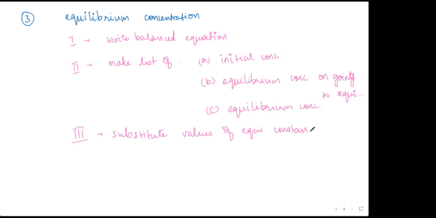You know Kc, you know the initial concentrations, you know how much of it is left. So based on that, you can figure out how much of it is used up. Once you have your knowns and unknowns, you can solve for the unknown values.